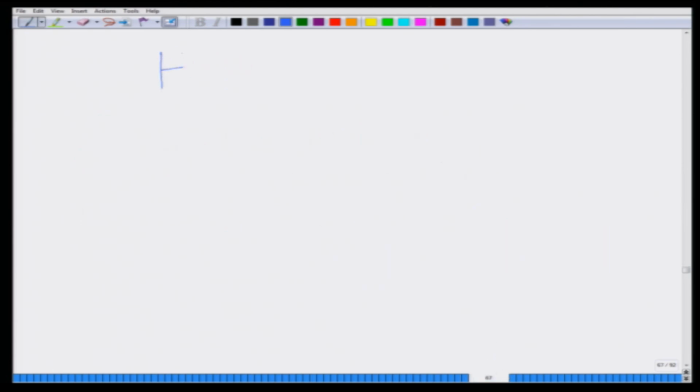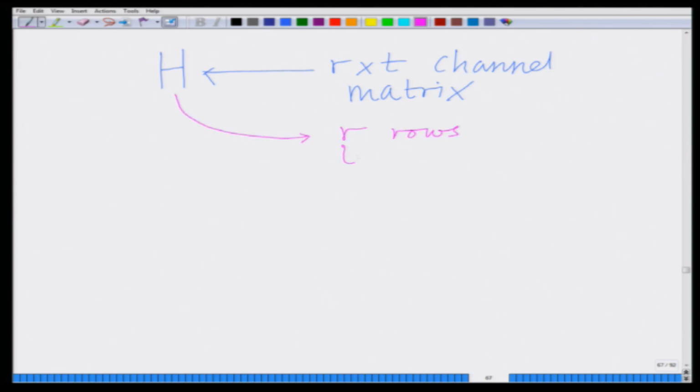So let us consider the channel matrix H, which is an R cross T channel matrix, and this has R rows and T columns.